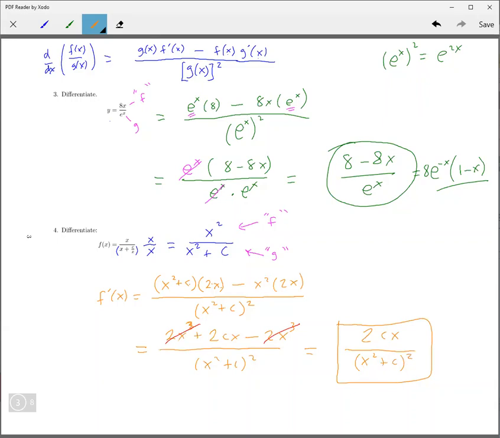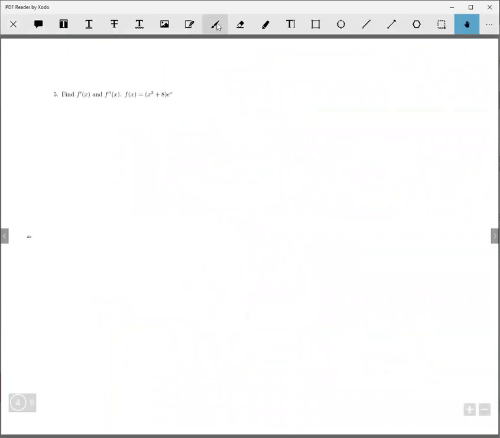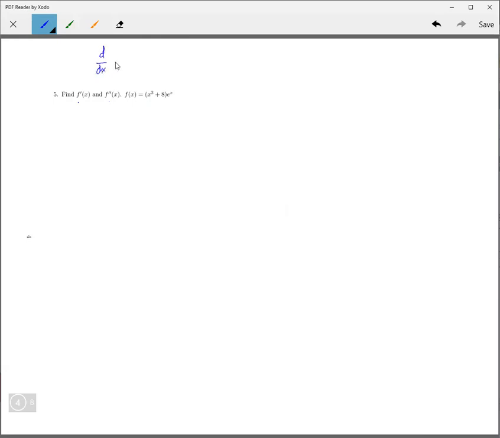So let's look at number 5. Find f prime of x and f double prime. So this is the first derivative and the second derivative. Okay, so here's our function. This is the product rule again. Now, I can rewrite the product rule this way.